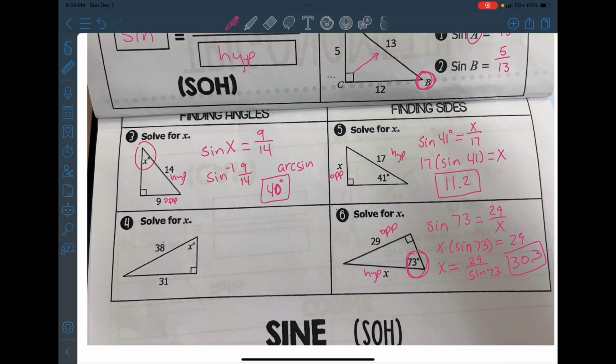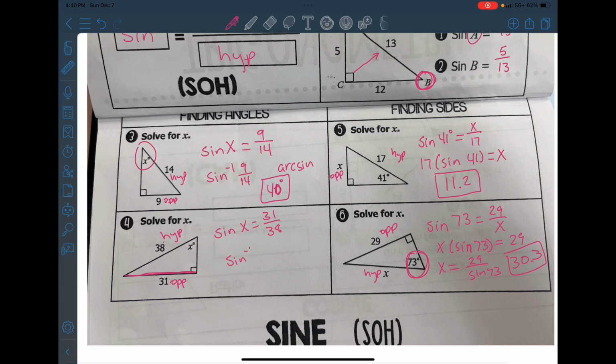If we're looking at x, what sides do we have to x? Well, 31 does not touch that angle. So that's the opposite. 38 is our hypotenuse. We know that because it doesn't touch the right angle. So I know I'm using sine. We don't know the degree, and we have opposite over hypotenuse.